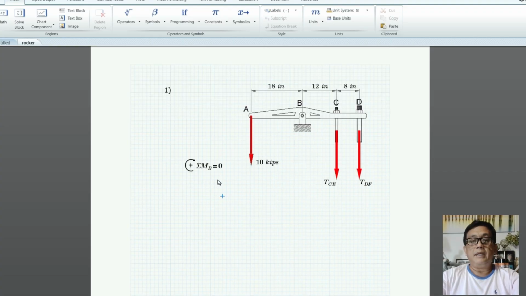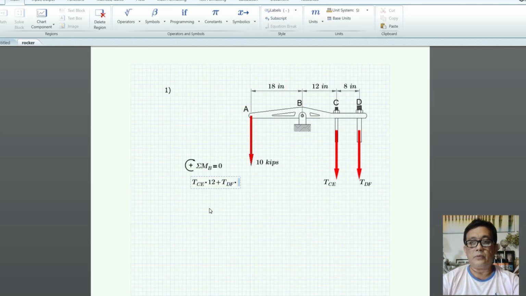Summation of moment at B equals 0, considering clockwise moment as positive. T sub CE and T sub DF are going to cause clockwise moment at point B, while the 10 kips load is going to create a counterclockwise moment. So that's negative. So let's start with the positive moments. That's T sub CE multiplied by the moment arm of 12 inches plus T sub DF.